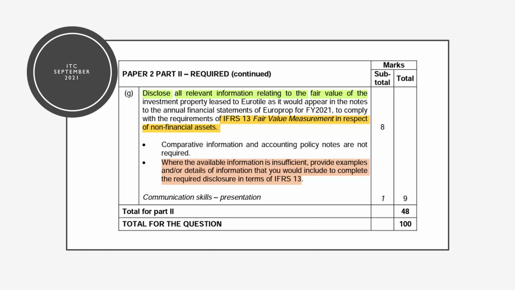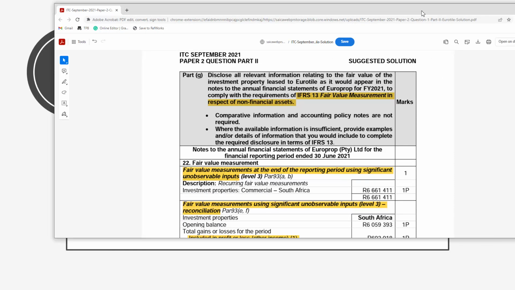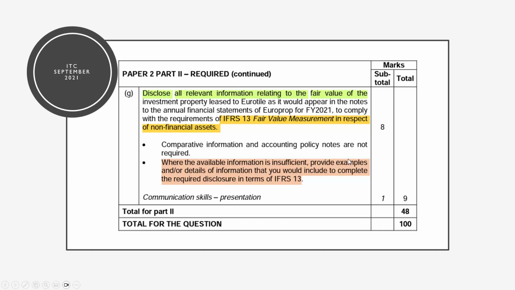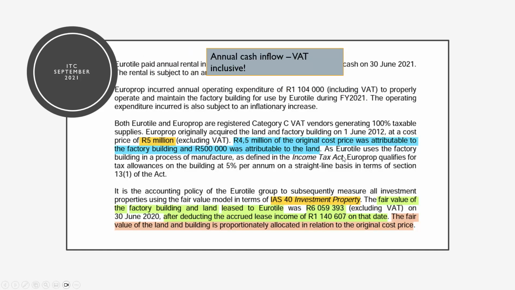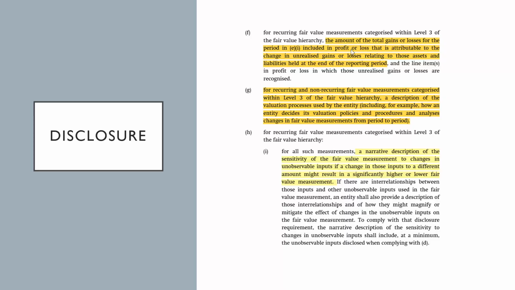The narrative description of the sensitivity to changes would have been determined further down in the question, but I just want to show you the quantitative information part. So you would have had your fair value at year end. How did you calculate it? You used the discounted cash flow method. What was our unobservable input? We were told in the question it's the discount rate. And what was the discount rate? They gave it to us at 15%.